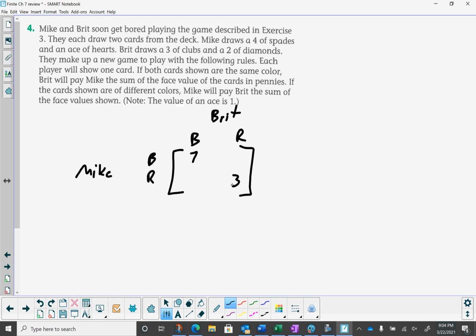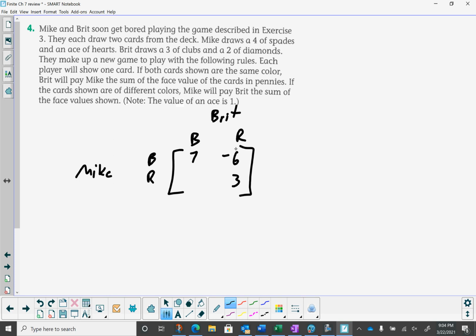So if Mike decides to show his 4 of spades, and Britt goes with the 2 of diamonds, so we have a black and a red card there. 4 and 2, that's a total of 6. But again, that's what Mike would have to pay to Britt. So from Mike's standpoint, that's a negative.